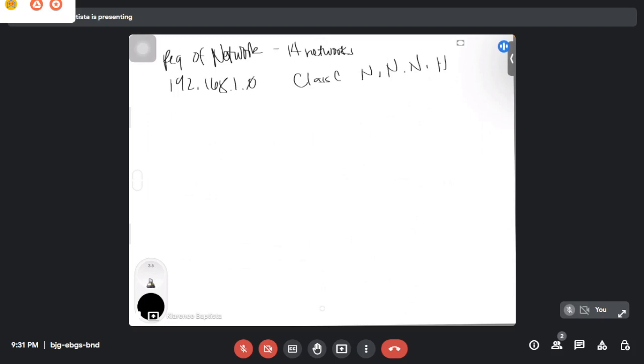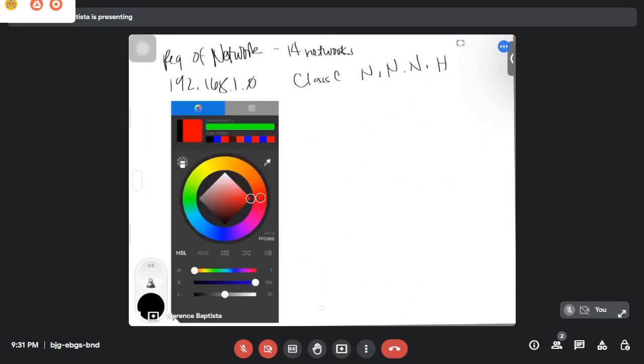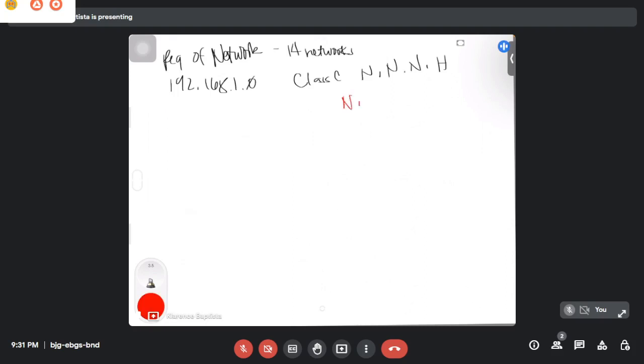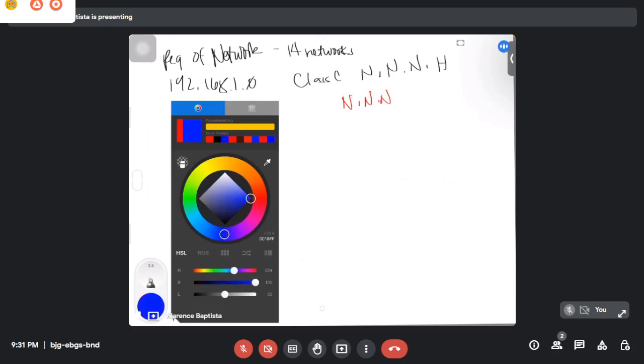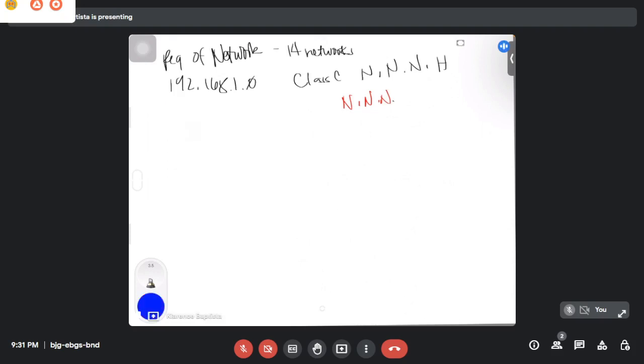So para madali po tayo, yung binary notation, i-read natin si network.network.network. Tapos yung host dot 8. 1, 2, 3, 4, 5, 6, 7, 8. Sabi nga natin, si host lang po yung madalas na nababago. So yan, gawin po natin yan.